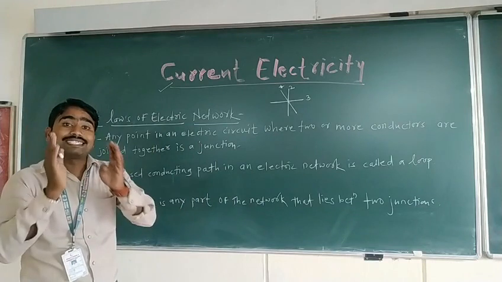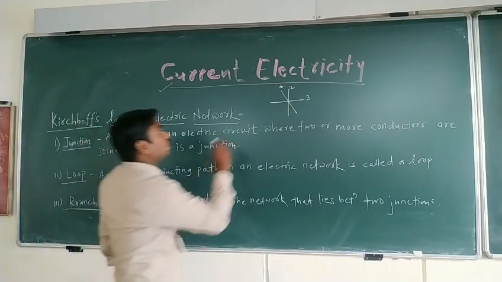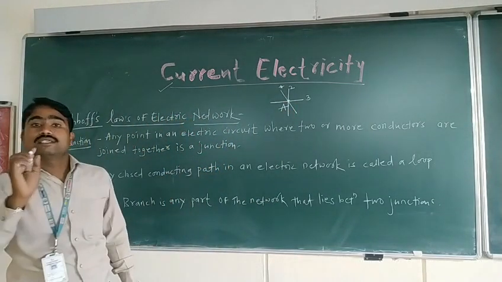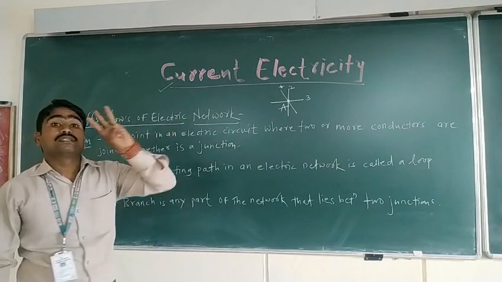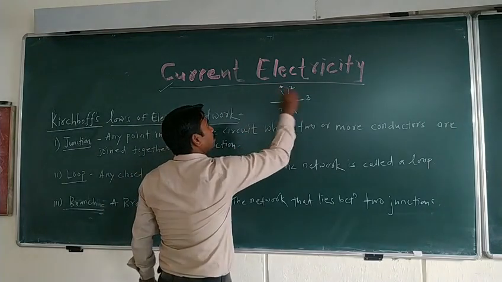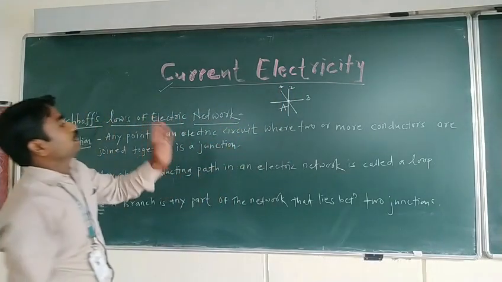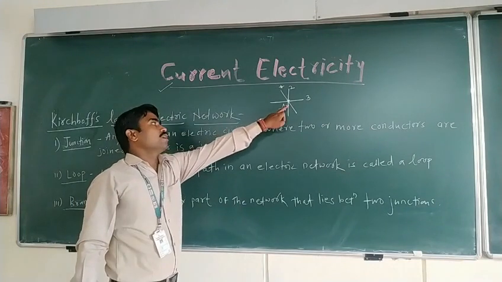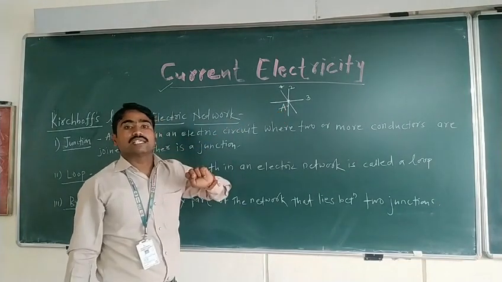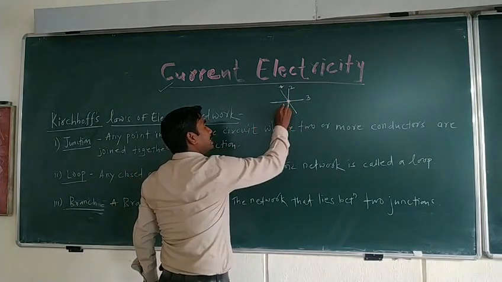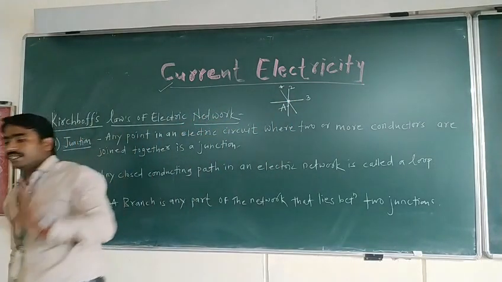When these three conductors are joined at a single point A, that point is called a junction. Therefore, point A acts as a junction.